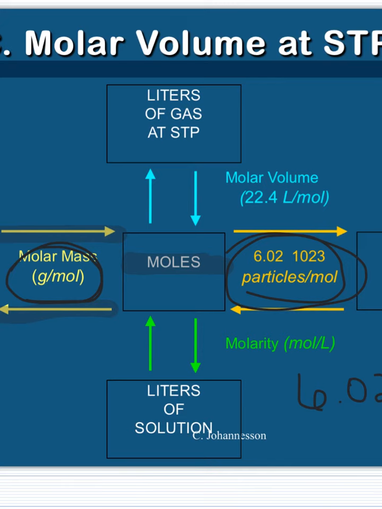Parts, particles, molecules, atoms, could be anything, right? If you're doing a conversion for liters of gas at STP to moles, then the number you need to use to make that conversion is 22.4 liters per mole.